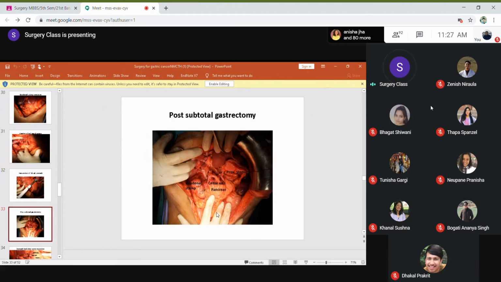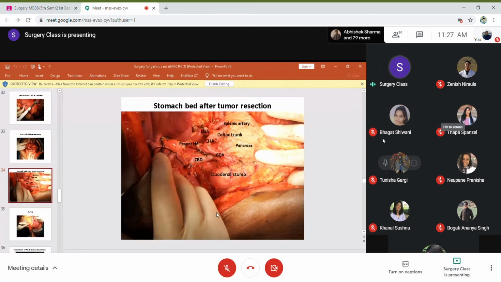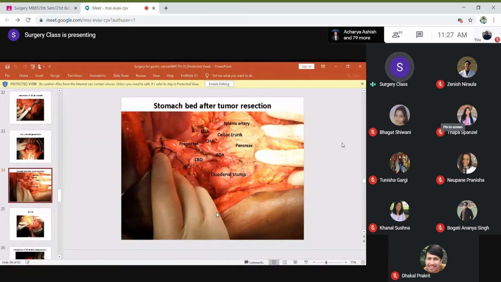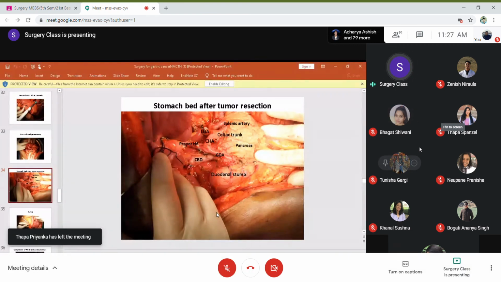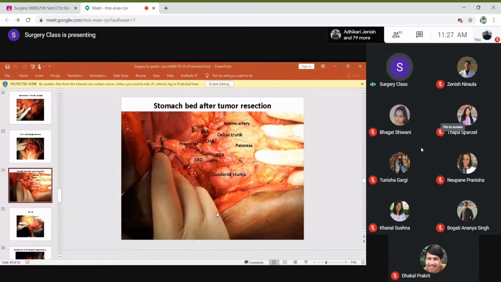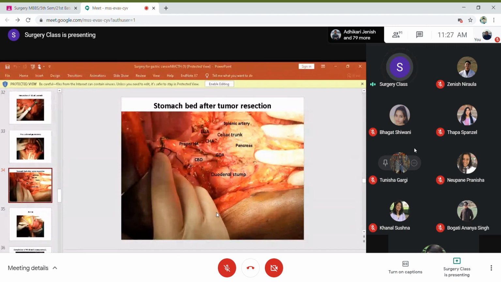After you do a subtotal gastrectomy, you will see all the structures clear. Only a small portion of the stomach remains. We can see everything very clearly: pancreas, celiac axis, splenic artery, common hepatic artery, gastroduodenal artery, common bile duct, proper hepatic artery, and the duodenal stump.